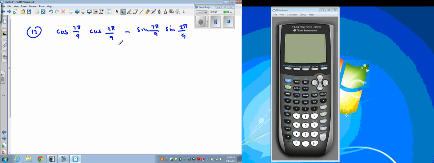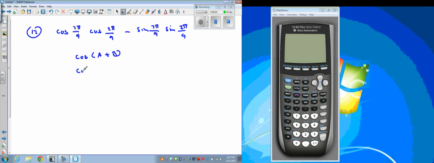Which one would this be? If you look at the right side and go left, this is going to be the cosine of A plus B, right?